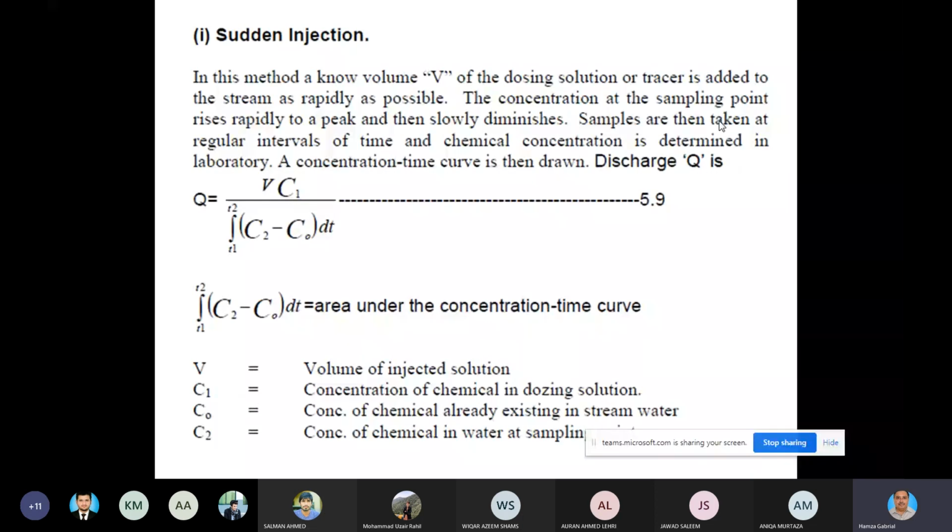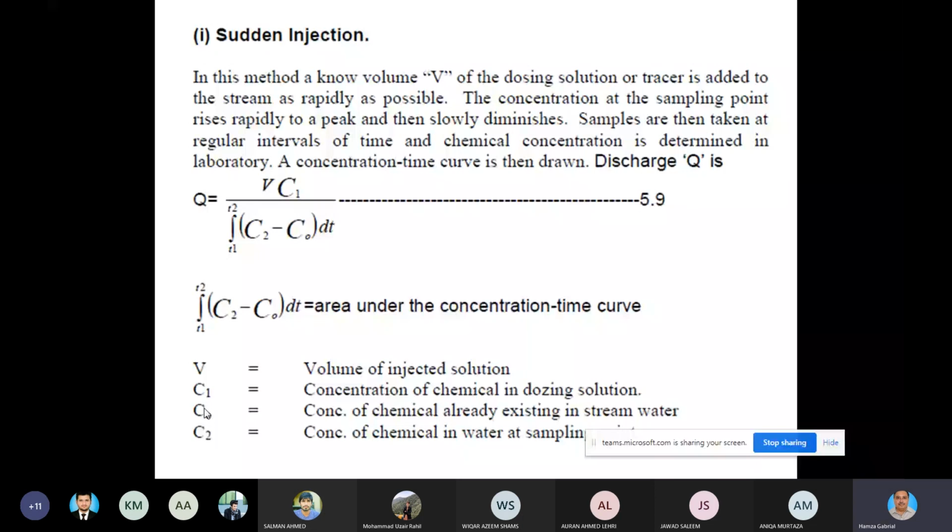In the sudden injection method, you can utilize this formula to find the Q. Here all the parameters have been defined: the volume which is injected, the concentration of the chemical in the dosing solution, the concentration of chemical which is already present.